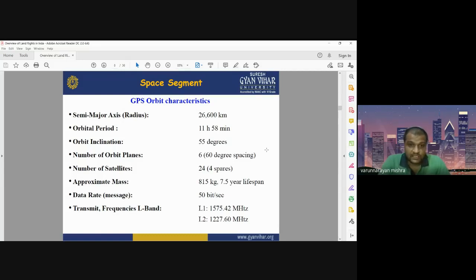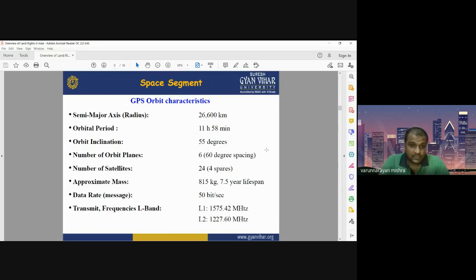The orbital period is around 11 hours 58 minutes, meaning a satellite completes an orbit in 11 hours and 58 minutes. The orbit is inclined at 55 degrees, and there are 6 orbital planes at 60 degree intervals.